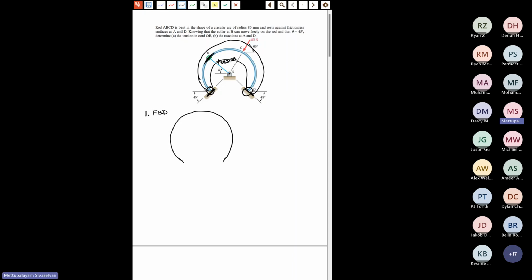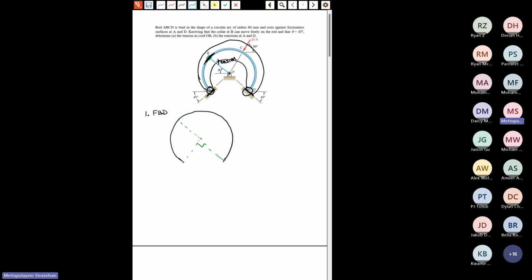Okay. This angle here is 90 degrees. And this line is straight here all the way. Okay, so we've cut this out.